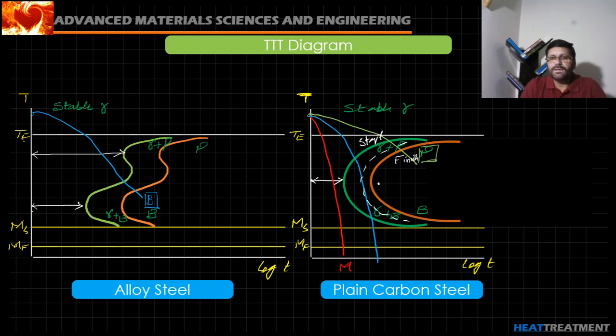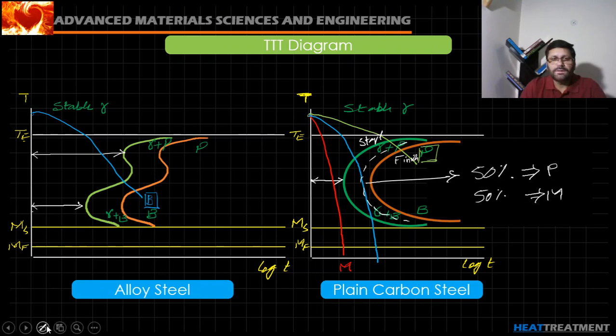Now here we can see that by this intermediate cooling we are going to produce at least 50% pearlite, and the remaining 50% we produce martensite.